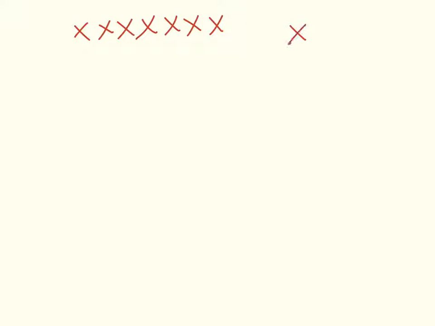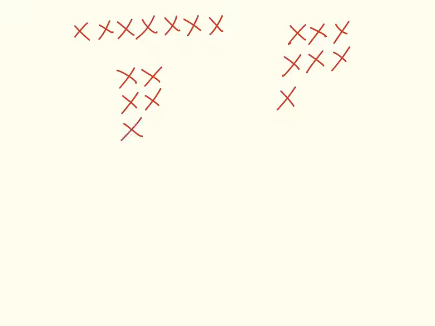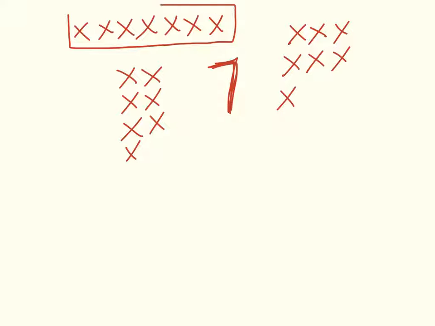What if I tried 3? Nope, that doesn't work. How about rows of 2? Nope, that doesn't work. So for 7, there is no array where it will be evenly in all of the rows. That is why 7 is a prime number.